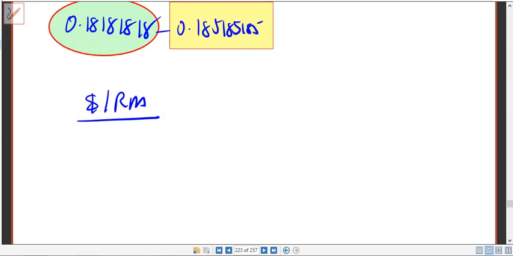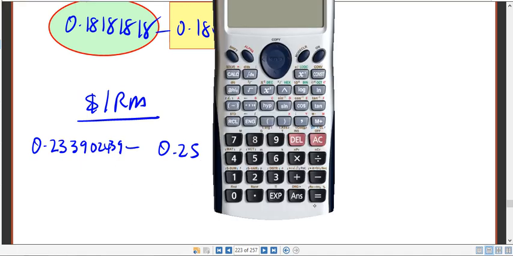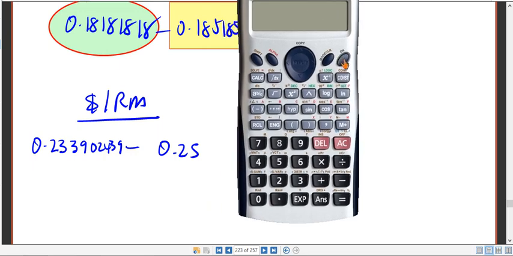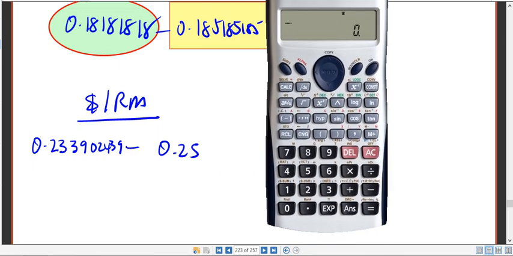Give me the figures here. This one will be 0.25. Is that okay? This is going to be 0.2439, correct? Check.